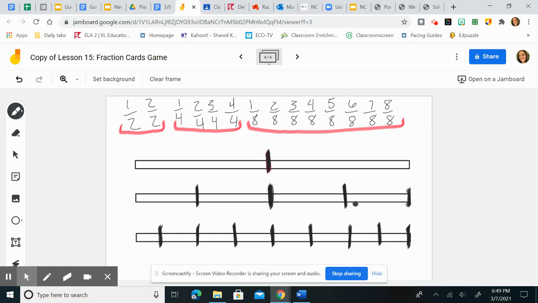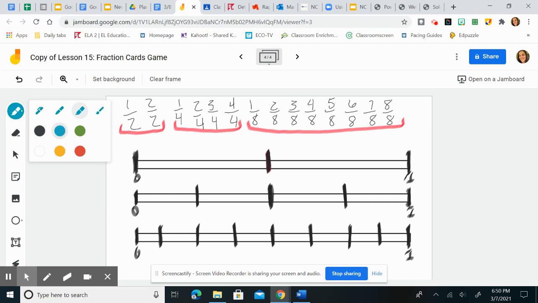So we're going to make sure we have our end pieces. Remember, our end pieces are 0 and 1. 0 and 1 on each one of those. 1 whole. All right. Now I'm going to plot my points. So I have 1/2 right here. And then this is 2/2.